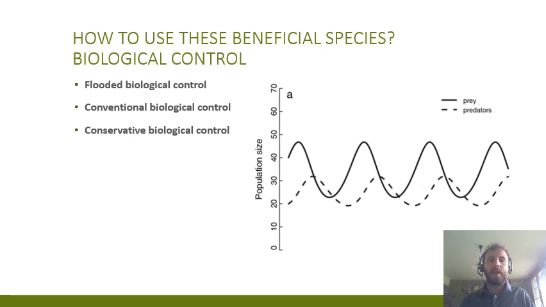And now, if we want to use beneficial species, there are three possible solutions to do this. So first of all, you can use what we call the flooded biological control. This is basically like a pesticide but using a living organism.